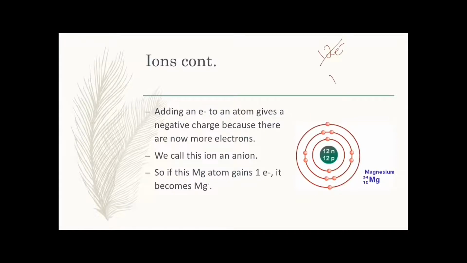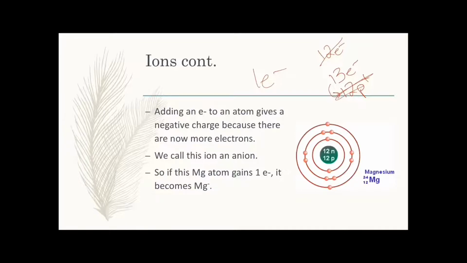We're giving it 1 more, so that means it has 13. Well, a magnesium atom only has 12 protons. So 12 of these electrons are going to cancel out the charge of these protons. And that leaves us with 1 electron. So this is going to give us a -1 charge.